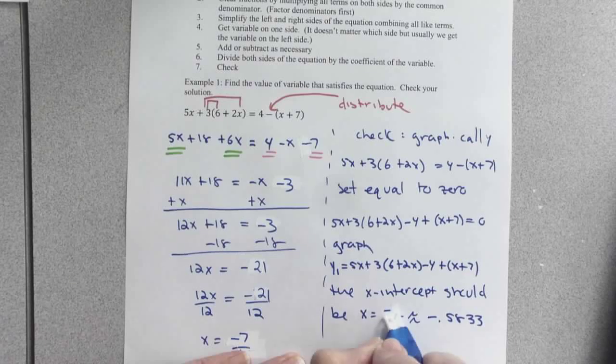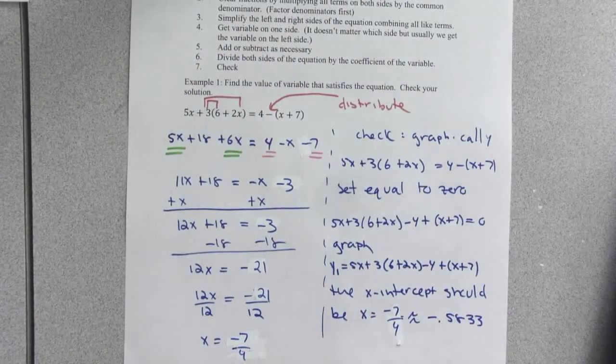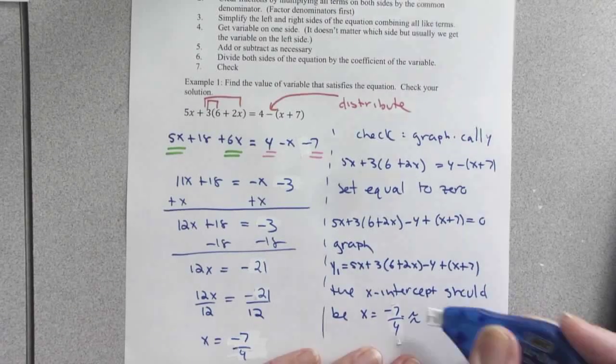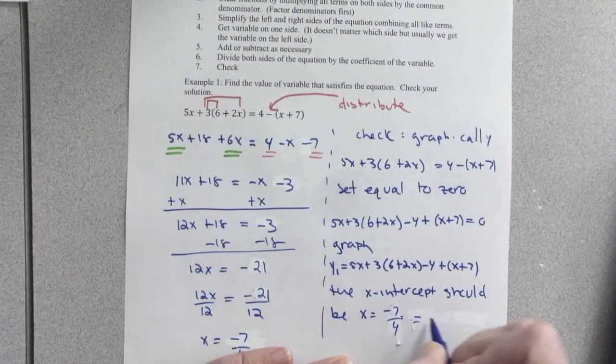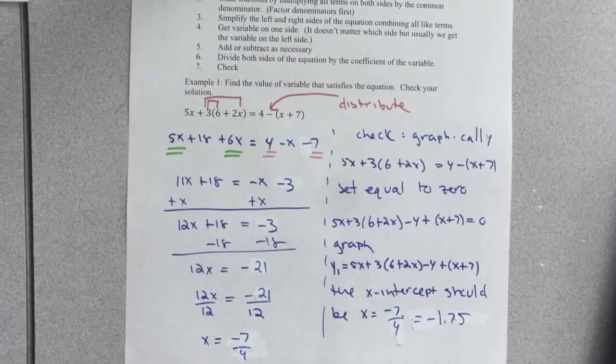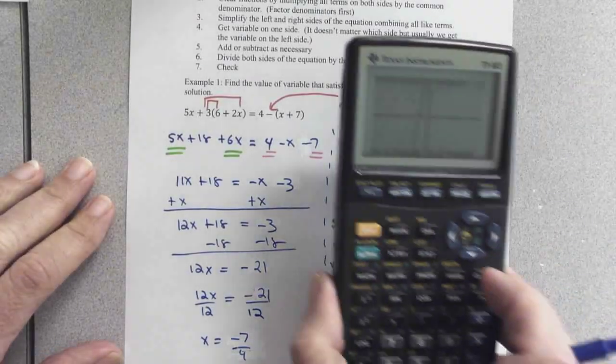And so now when we go to check over here, negative 7/4, which is also equal to negative 1.75. So there's what I think the answer should be now.